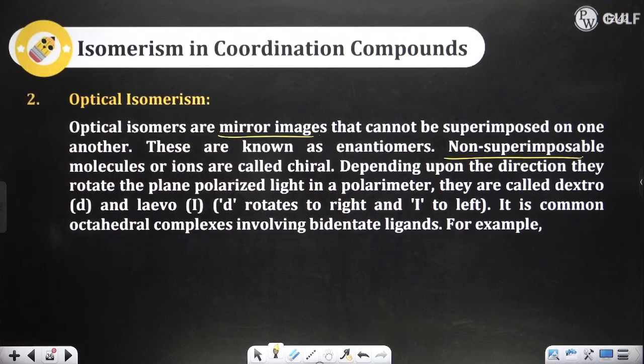That is, they are capable of rotating the plane polarized light either in the clockwise direction or the anti-clockwise direction. If they are capable of rotating it in clockwise direction, they are said to be dextrorotatory. If they rotate the light in anti-clockwise direction, they are known as levorotatory.